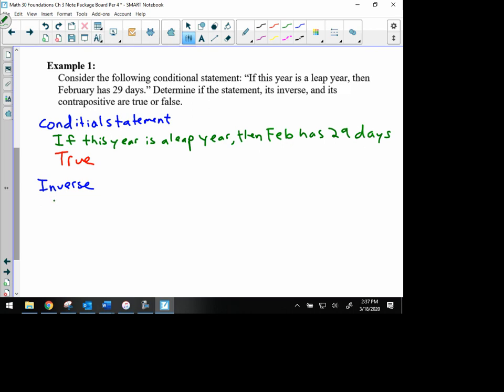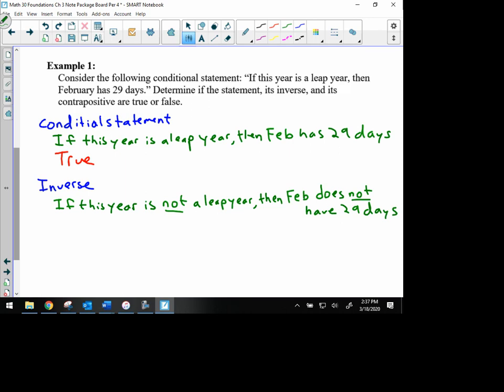So if this year is not, and I'll underline that, is not a leap year, then February does not have 29 days.